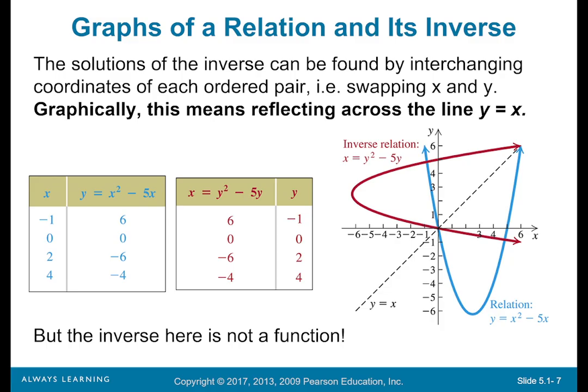And when we flip it, it kind of turns on its side. And it becomes a parabola on its side, x equals y squared minus 5y. However, notice that the inverse now is not actually a function anymore. It doesn't pass our vertical line test. So more on that later, but that is something that we're going to have to be careful about. We want to make sure we're actually getting a function when we take the inverse.